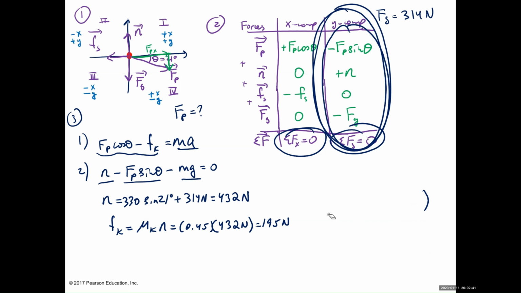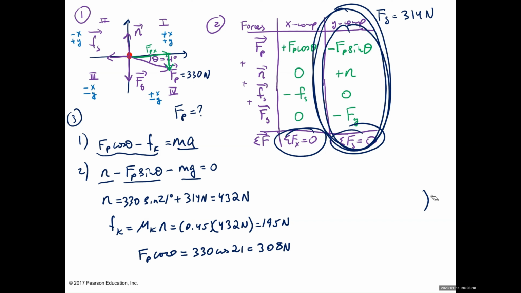All right, but if I have this, then I can say F_P cosine theta, which is the x component of the applied force, now is 330 cosine of 21. And that's 308 Newtons. That means the push itself is 330, but its x component is only 308.